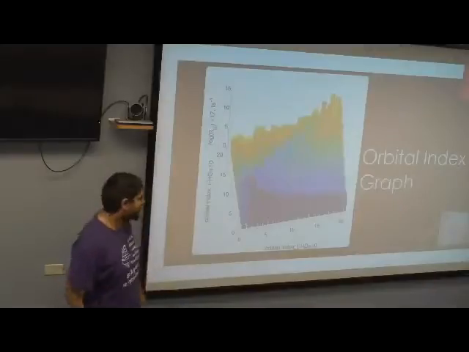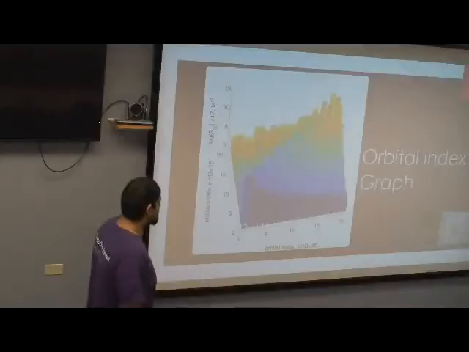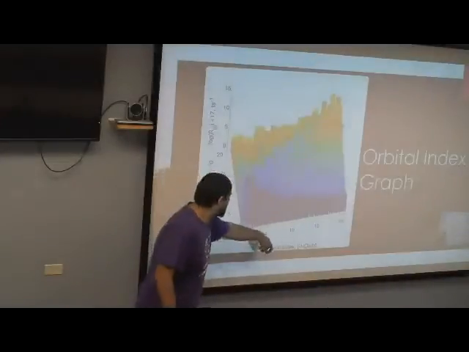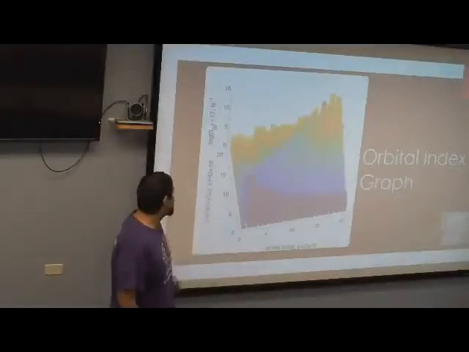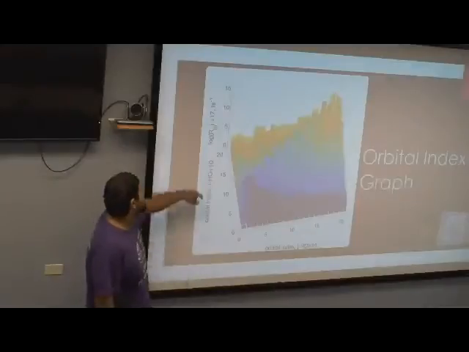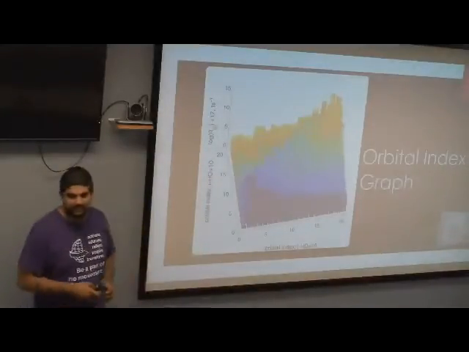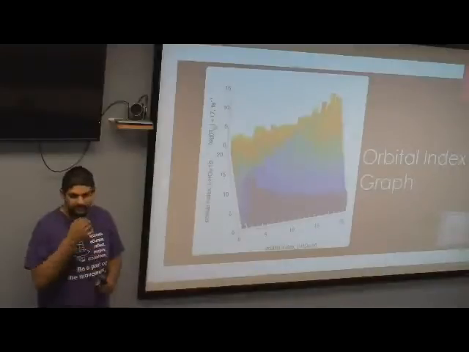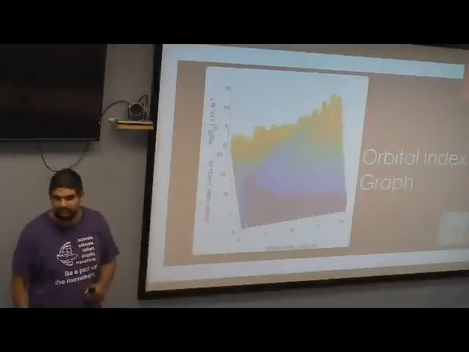Okay, and then my final plot here is a three-dimensional graph. On the x-axis is my orbital index. My y-axis also has an orbital index, and then on the z-axis is a position. What? Position of what?